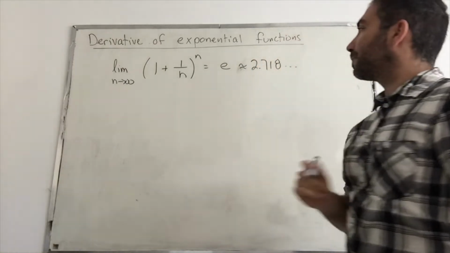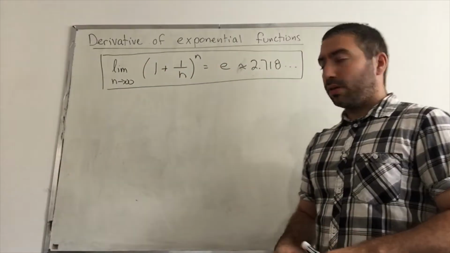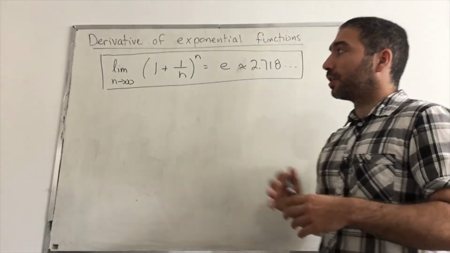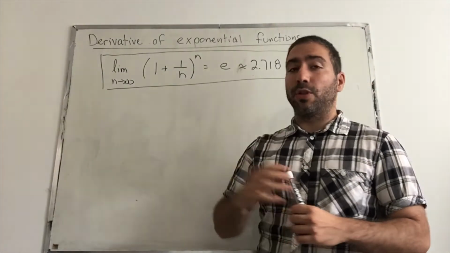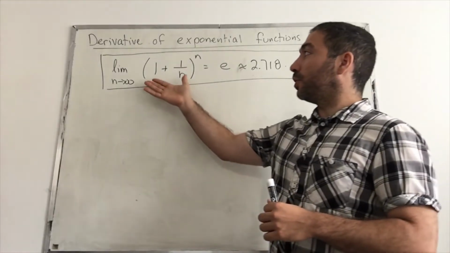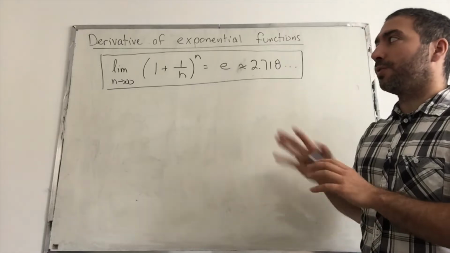This is the limit definition of the number e. I'm not going to prove this limit, we're just going to assume it to be true. We're actually going to see this later in the semester, when we do L'Hopital's rule, and we'll be able to show that this is a true statement. For now, we're just going to use this limit.